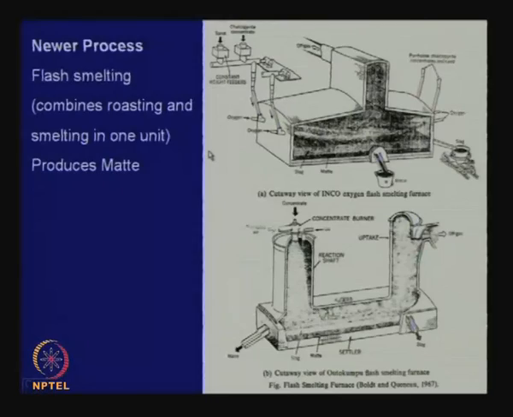But now, there have been developments. Remember once we had talked about flash roasting, flash smelting, etc. When roasting is done in a hearth roaster, where there are rotating platforms and the calcine goes from one bed to another bed to another bed, so that things are exposed to the oxidizing atmosphere, people found that maximum oxidation takes place during flight, not when they are sitting on a rotating platform.